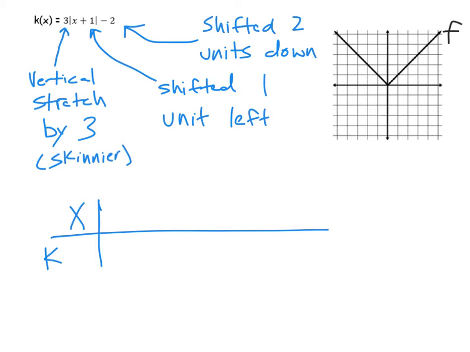Make a table. I'm going to have specific points, right? Because here's the deal. If I wanted to just sketch it off the transformations, I could do a pretty basic sketch, right? I could take the transformations and say, okay, 1 to the left, 2 down. Okay, so it's going to be right there. And then this V shape just needs to be distinctly skinnier than the parent function.